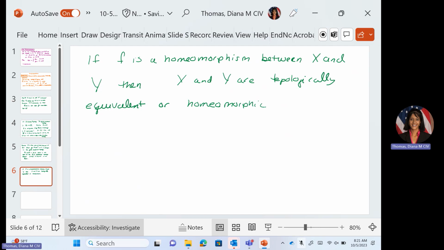And this is how you get to the coffee cup and the donut being the same thing. There's a homeomorphism between the two, so they're identical.